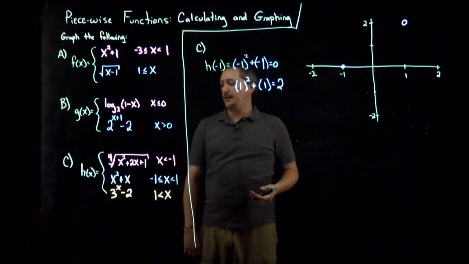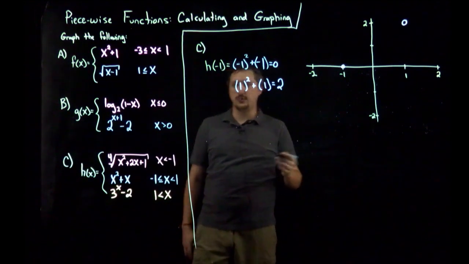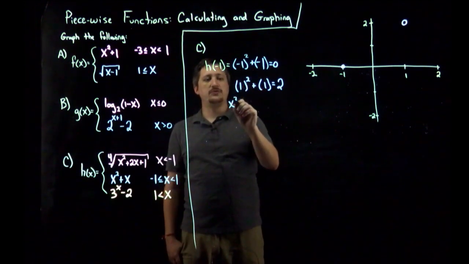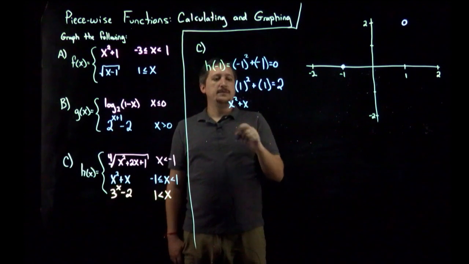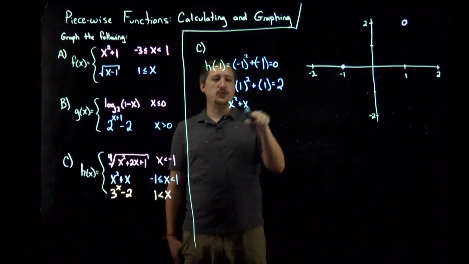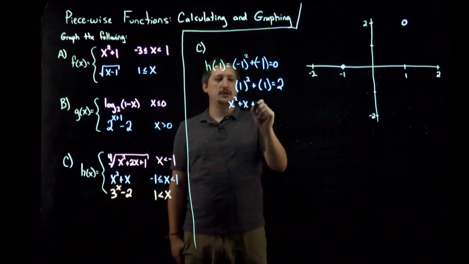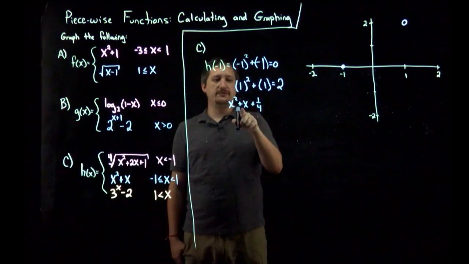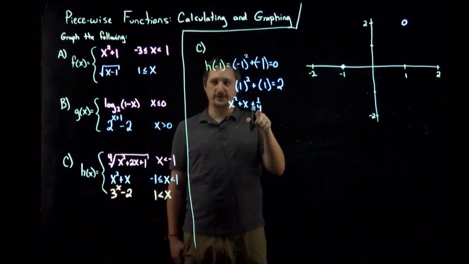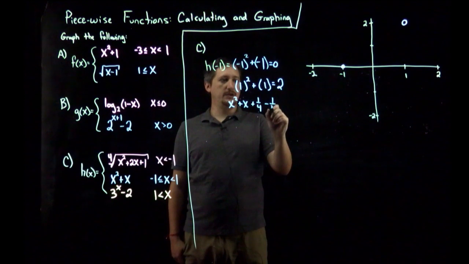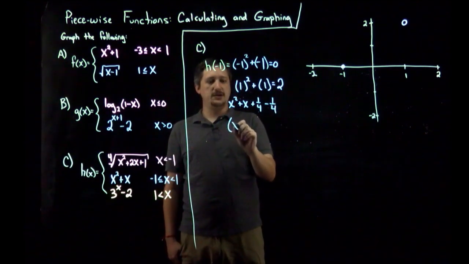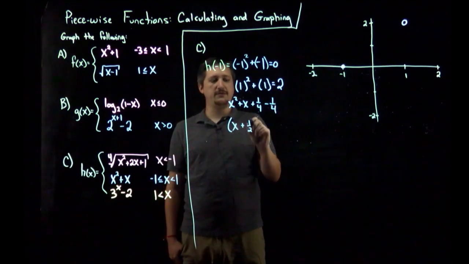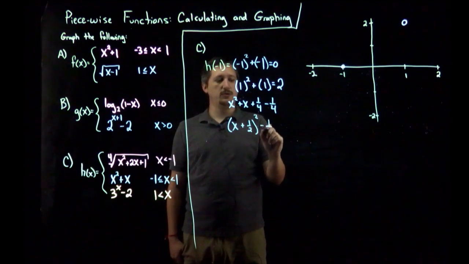So I would do x squared plus x. Half of this, and then square, add and subtract. So this would be plus 1/4. Half of 1 is 1/2, 1/2 squared is 1/4, minus 1/4. So this gets me x plus 1/2 squared minus 1/4.